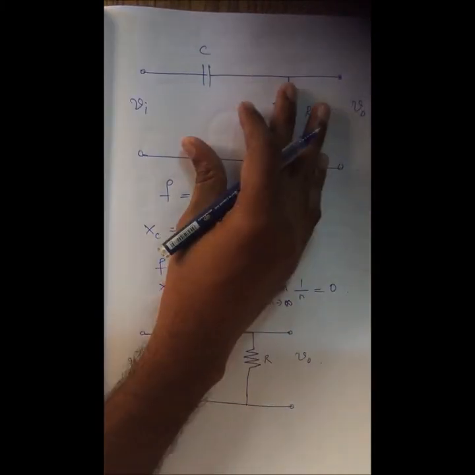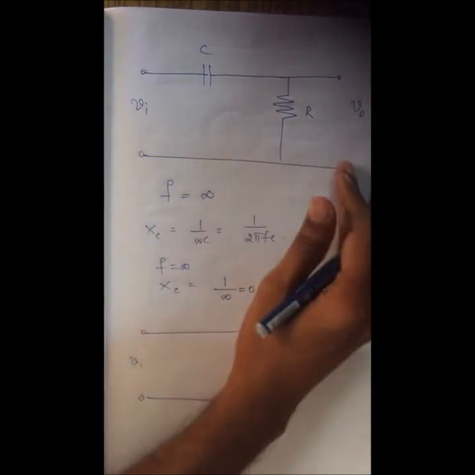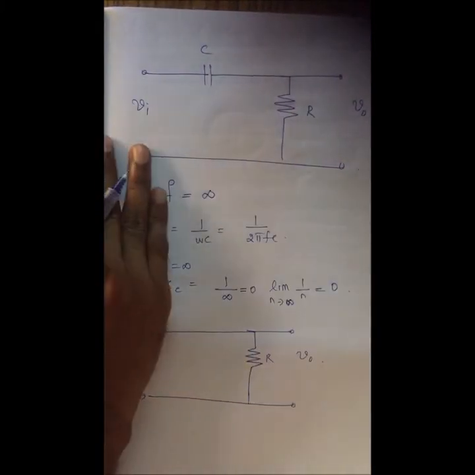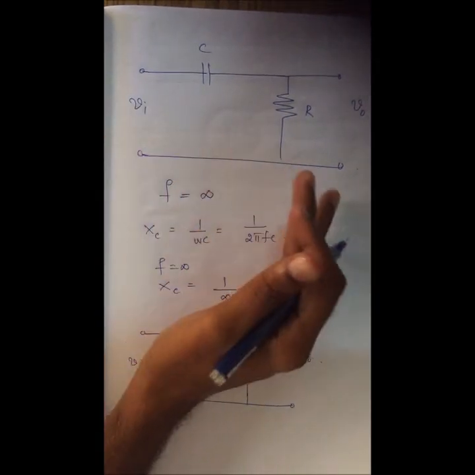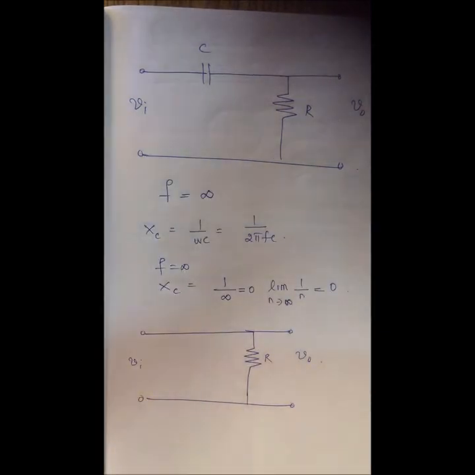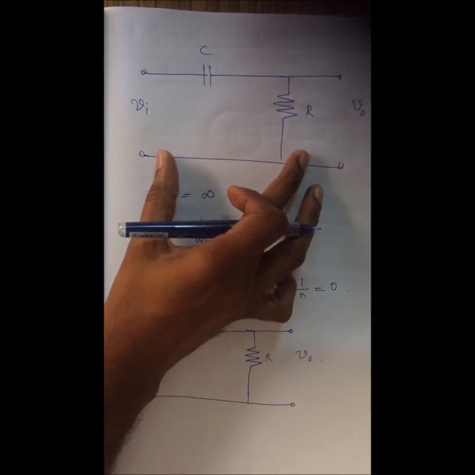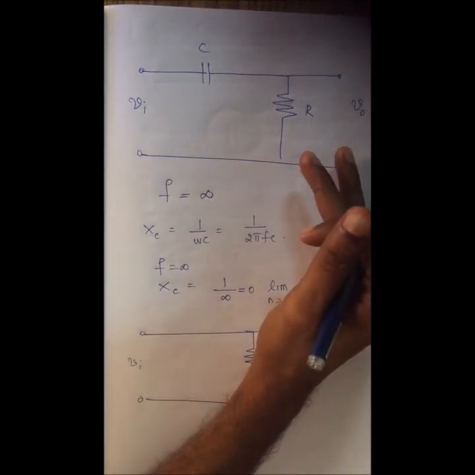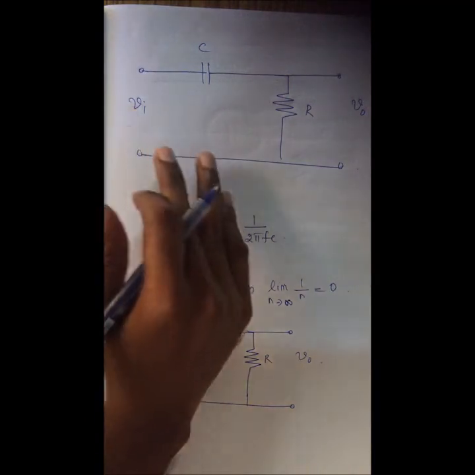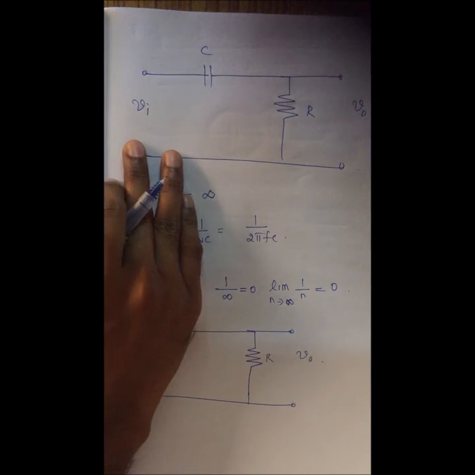So this circuit is going to completely block a DC, completely allow a very high frequency, and reasonably allow a low frequency. With this kind of explanation, I can say this circuit is going to behave as a high pass circuit. High pass circuit in the sense it allows the high frequency signal freely, attenuates the low frequency signals, and completely blocks the DC signal.